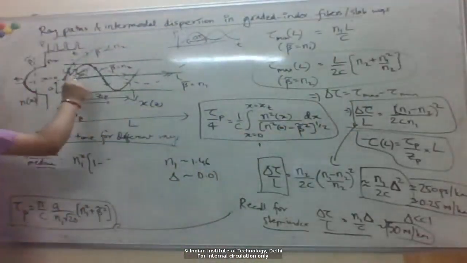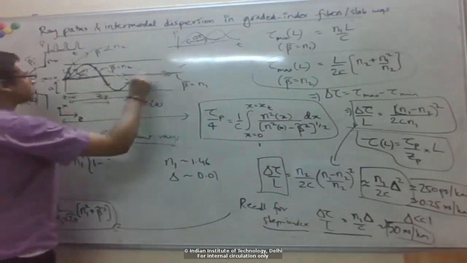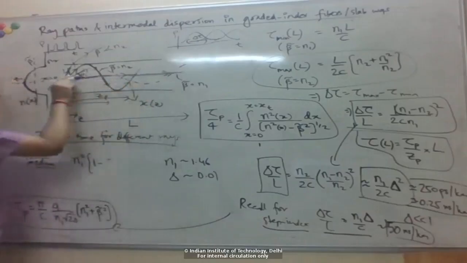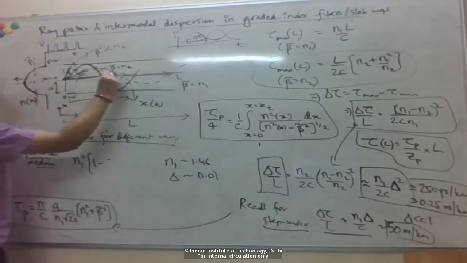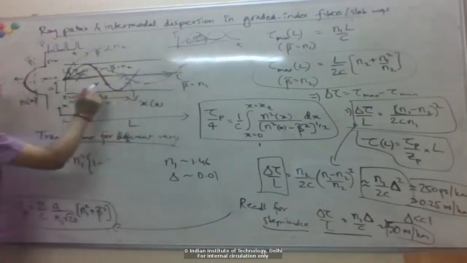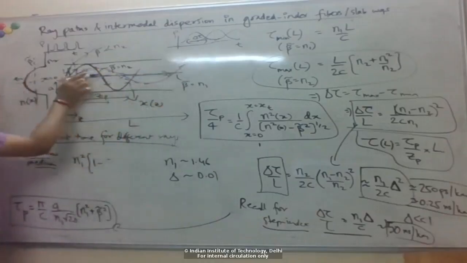The extremal rays are the one which goes straight through, so we start with angle 0. Then as you increase the angle, we go like that. The period becomes smaller and smaller as I increase the angle. The maximum angle I can use is the one which goes up to the edge and comes back.